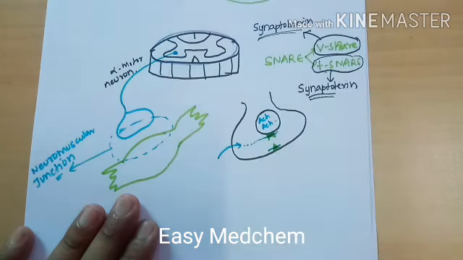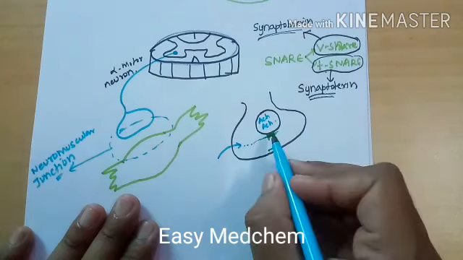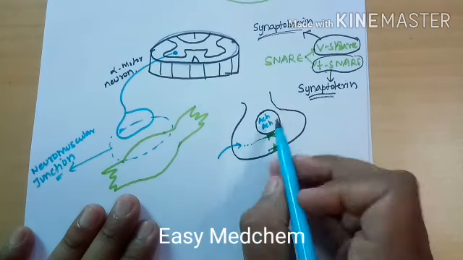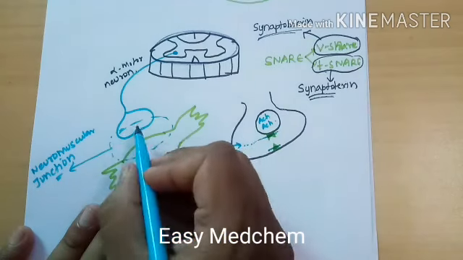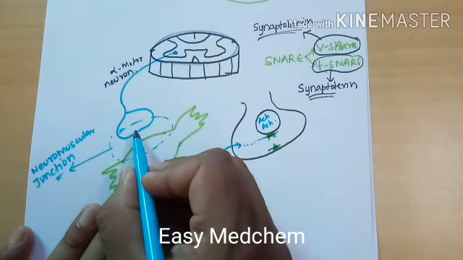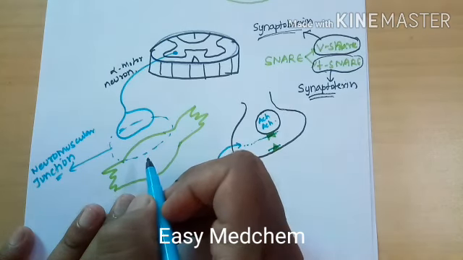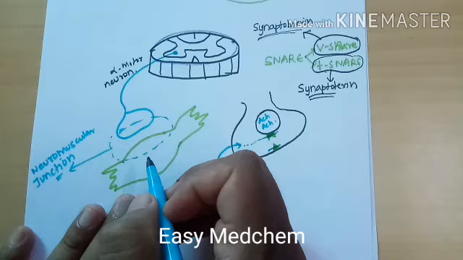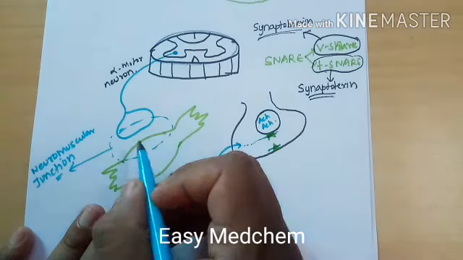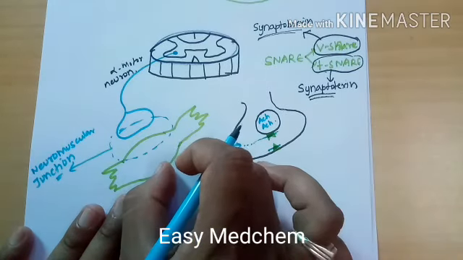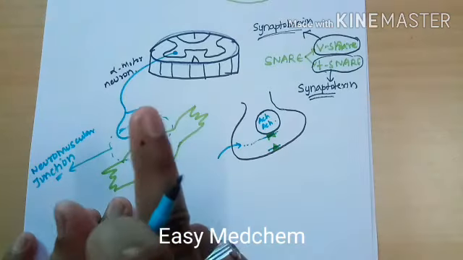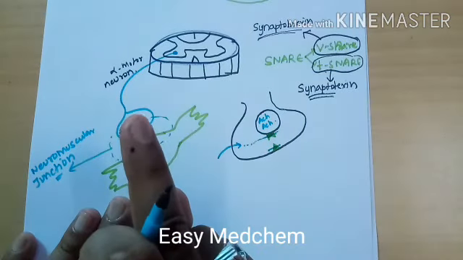If the SNARE proteins are destroyed, no more acetylcholine is released from this junction, and there is no effect of acetylcholine on the neuromuscular junction. So there will be flaccidity of the muscles.